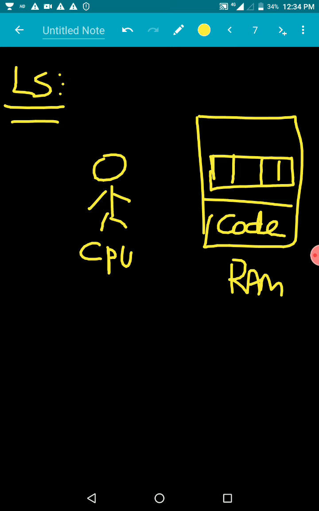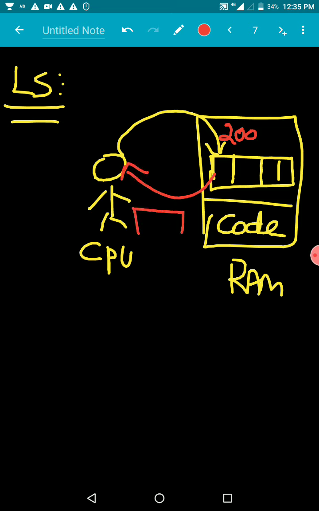The CPU first generates the base address of the first location of the array. Assume the base address is 200. It fetches the data into itself and compares the given item with the first element. If it is matched, then the CPU gives the address to the output console.